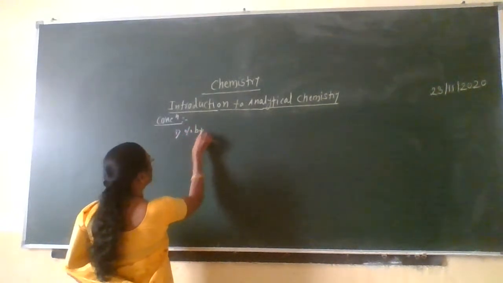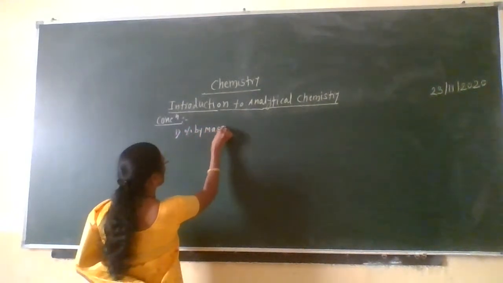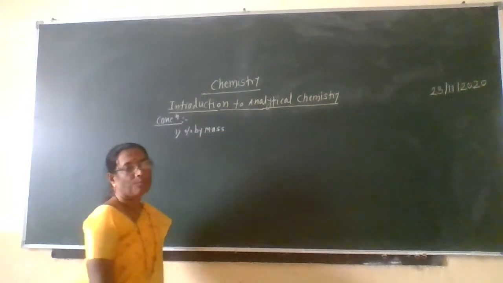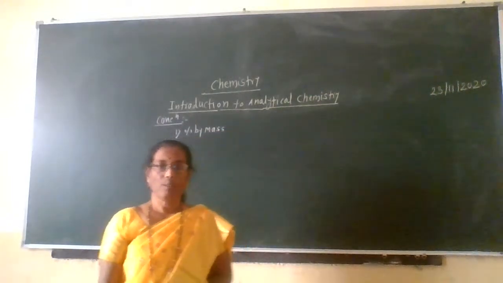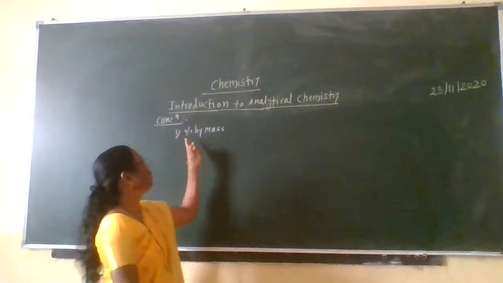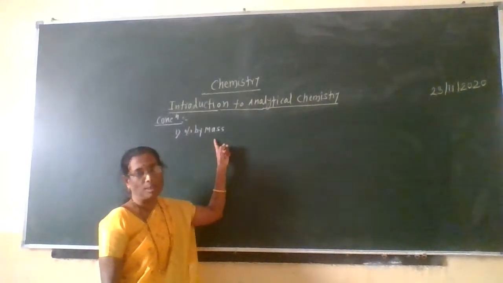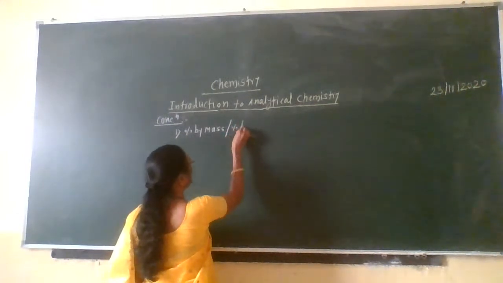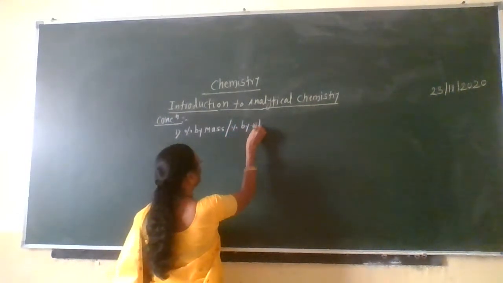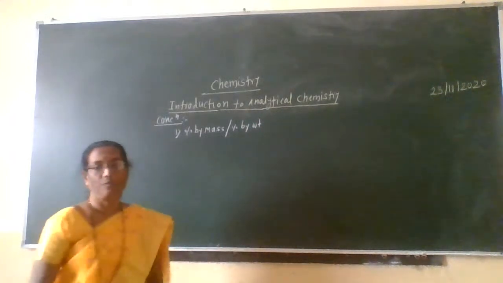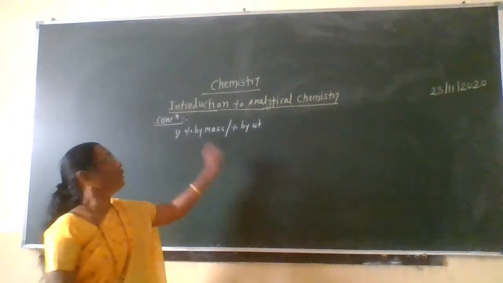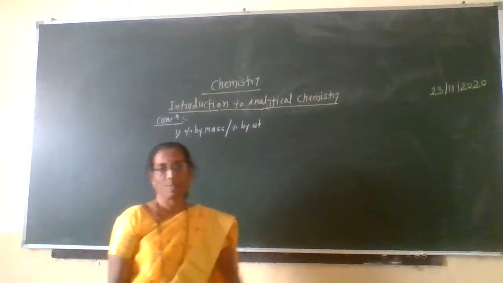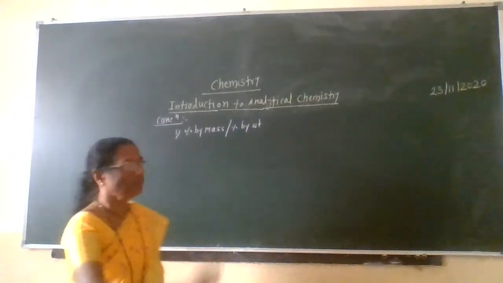percentage by mass. This is the first way of expressing the concentration. Which one? Percentage by mass. It is also called percentage by weight. This is one way to express the concentration of the solution.